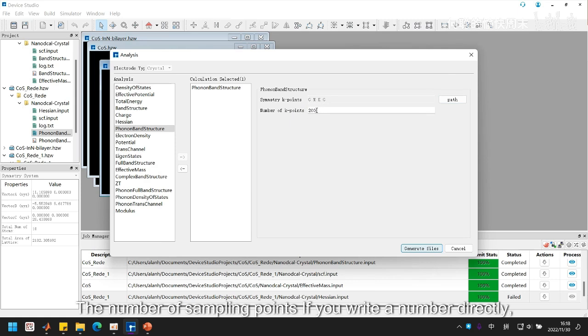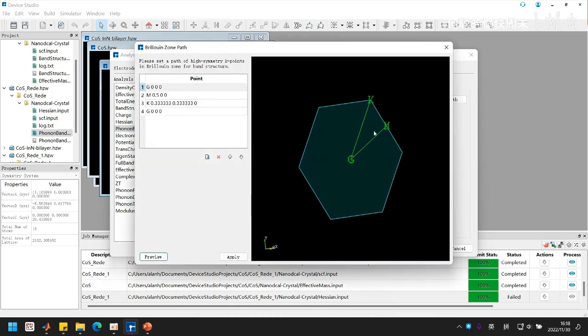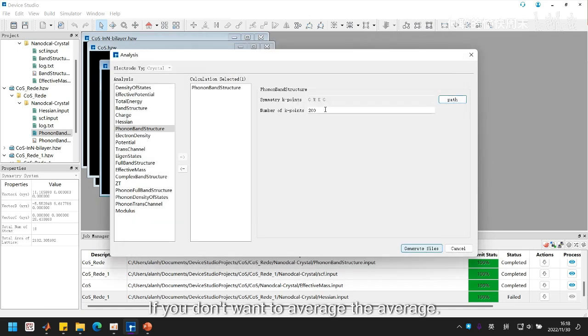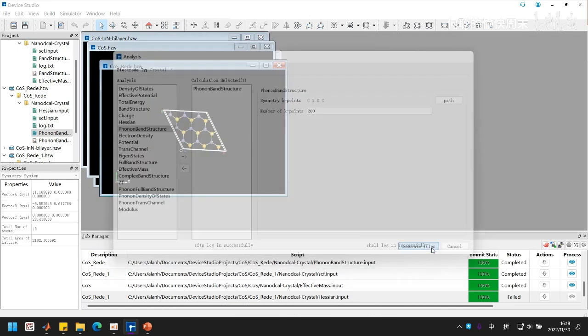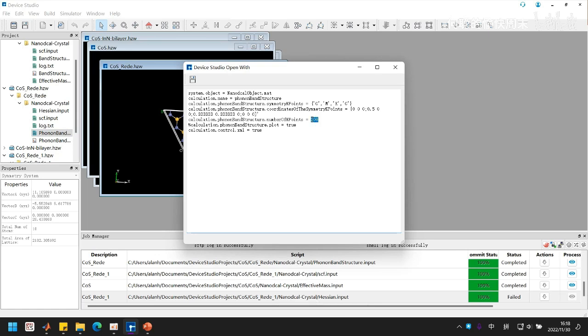If you write a number directly, it means that it puts these 200 points equally distributed on this path. If you don't want to average it, we'll change it inside. It can be changed to 50, 50, 50.